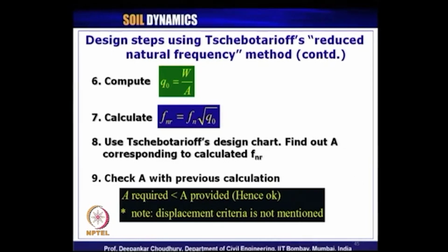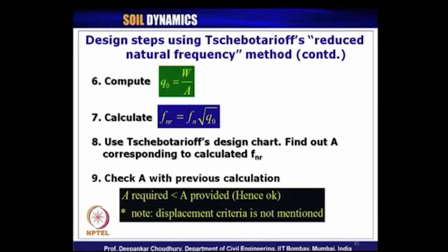Before that, let me mention one very major drawback or limitation of Tschebotarioff's reduced natural frequency method: displacement criteria is nowhere mentioned. Using this method for the design of machine foundation, you cannot check how much dynamic displacement amplitude your foundation is going to face.